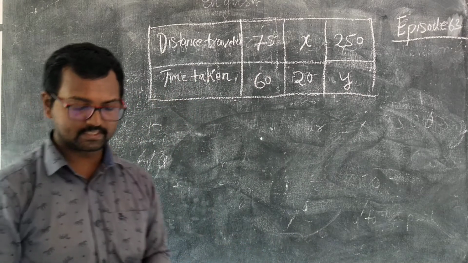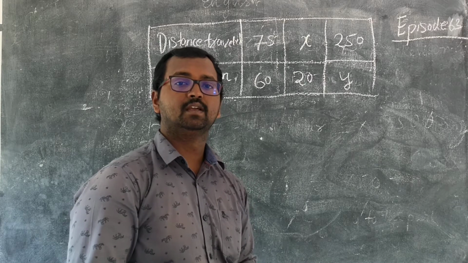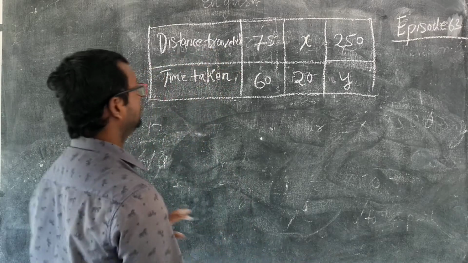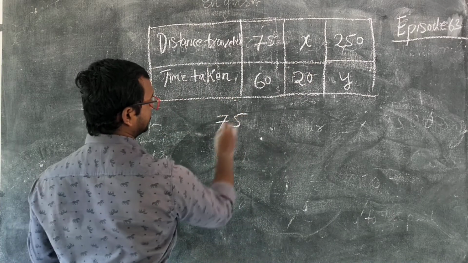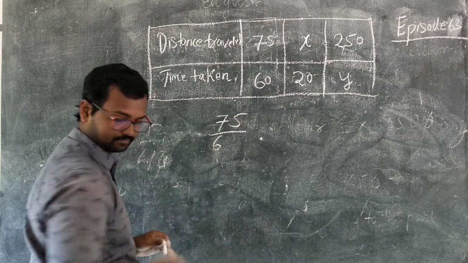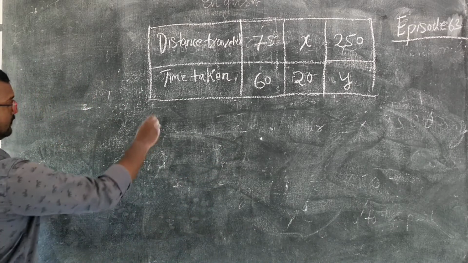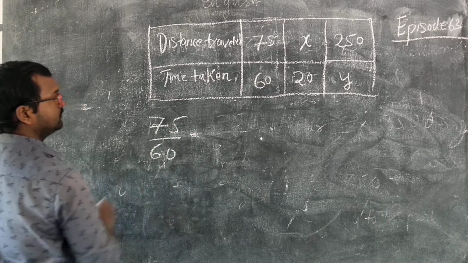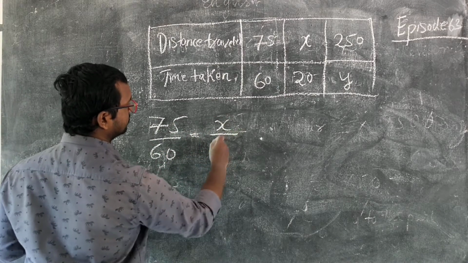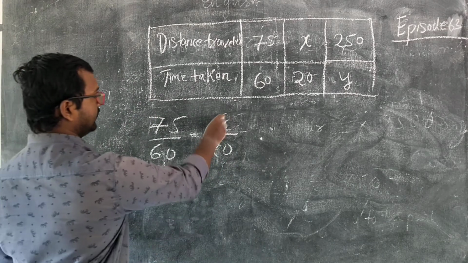Now let's use the proportional formula, which is x1 by y1 is equal to x2 by y2. If we put in the values, this should be in proportion. So 75 by 60 should be equal to x by 20. See here, we want to find the value of x.